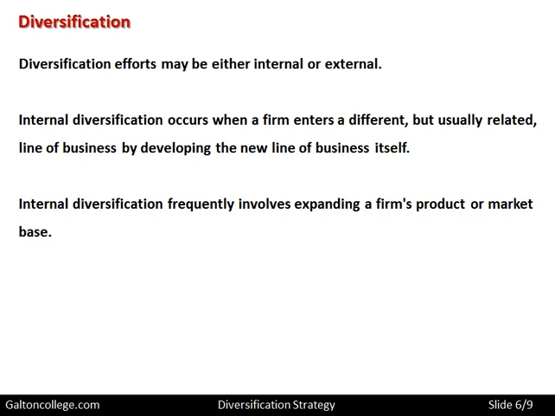Internal diversification frequently involves expanding a firm's product or market base. Usually businesses diversify by adding a new product. It's a way of minimizing risk. If they've got a successful product in the market, but they're looking to diversify because they wish to grow further, they don't kill the successful product and introduce a new one. That would be not good business practice.